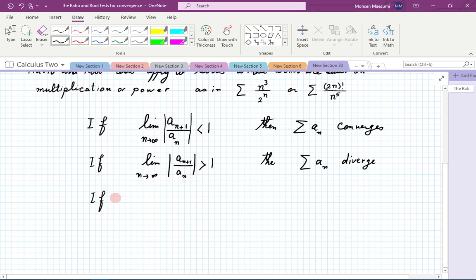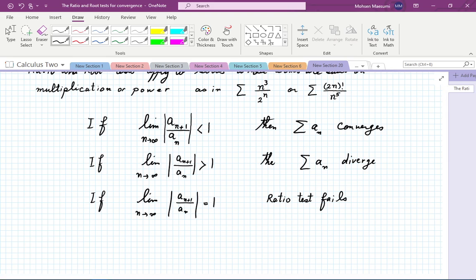So if the limit of a_{n+1} to a_n is exactly 1 when n goes to infinity, then the ratio test fails, meaning we are not clearly in this region or that region. We don't know. Based on this test, we cannot have a verdict. We have to go to something more powerful to figure out what is the case.